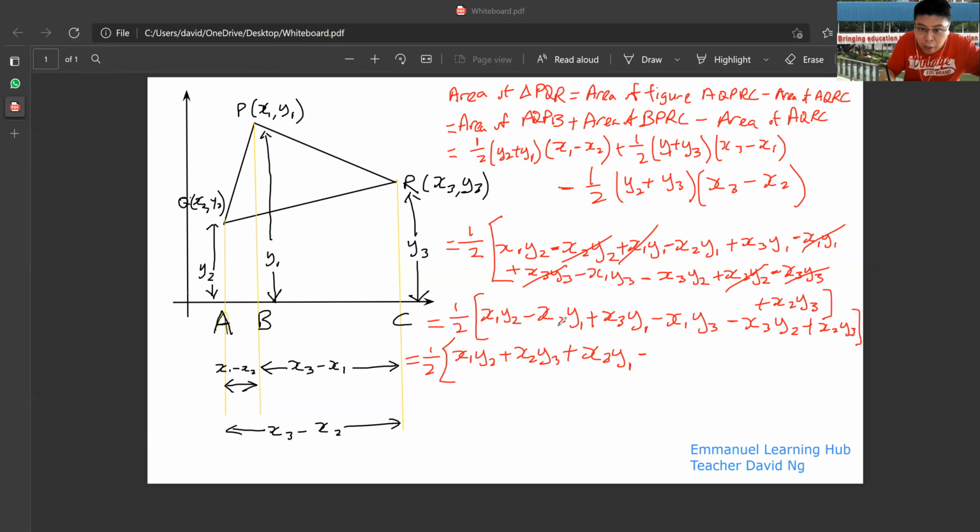Minus x2, y1, minus x3, y2, and plus your x1, y3.